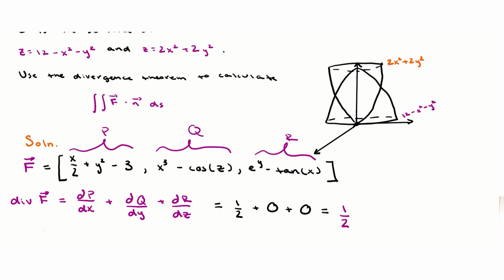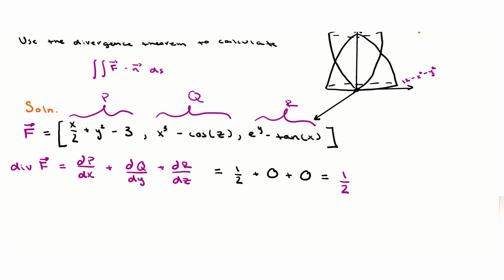Now that we've found the divergence of our field, we can start solving for the flux. We're able to find the flux by evaluating the triple integral of our divergence. So for us, we have the triple integral.